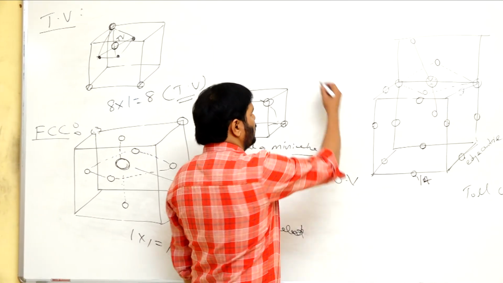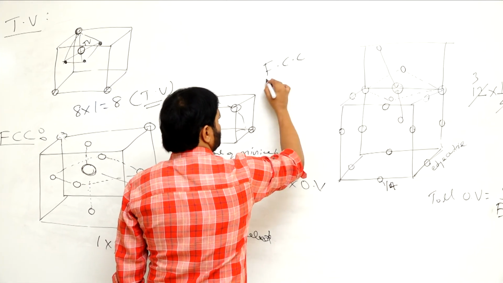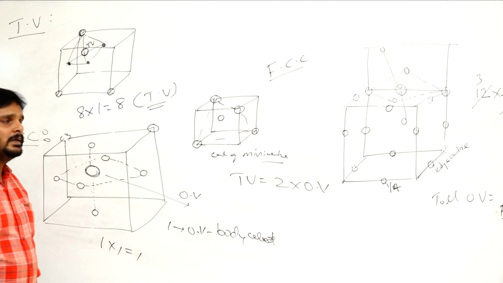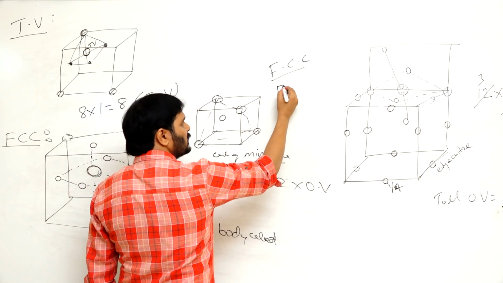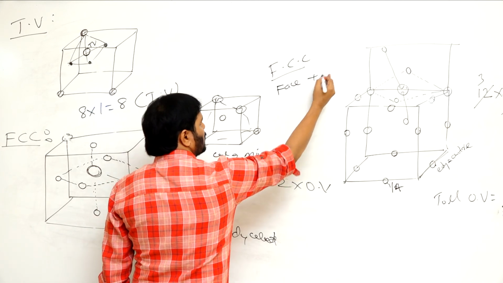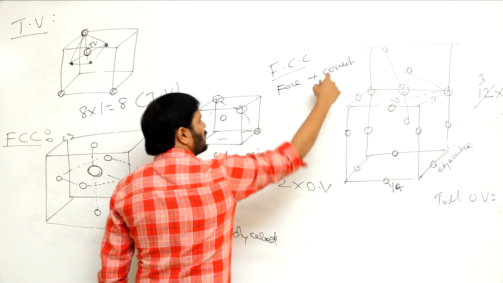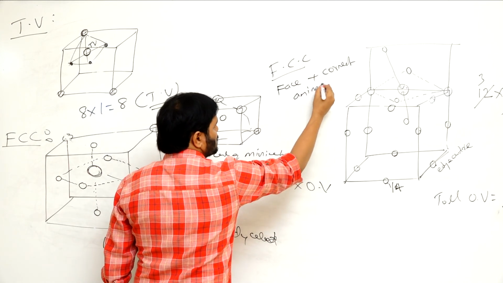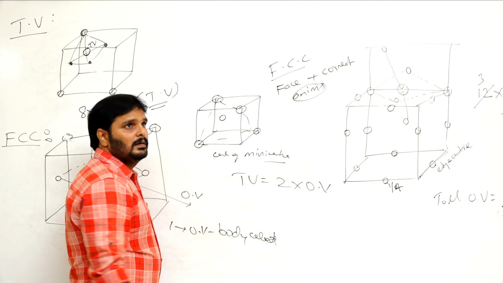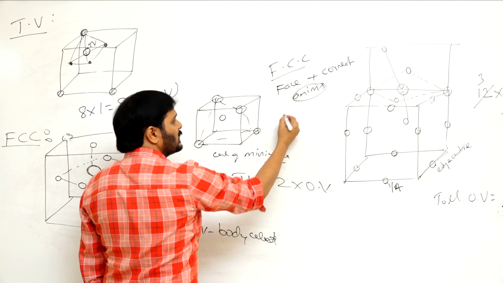Similarly, in the FCC arrangement, you know the lattice points, faces and corners, are occupied with anions. So in total, how many faces? 6 faces.